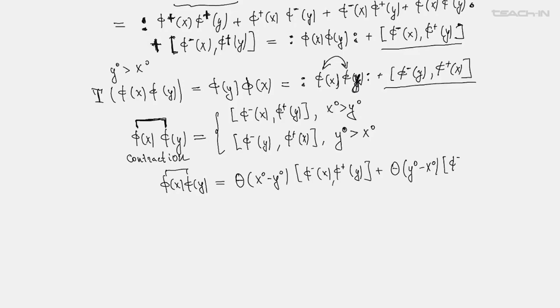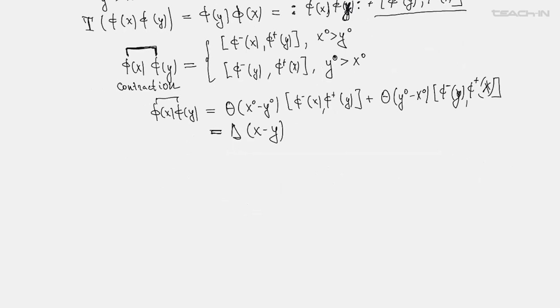And this is, by definition, from our previous course, nothing else than the Feynman propagator, delta x minus y.